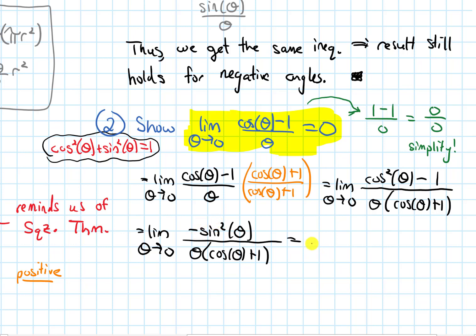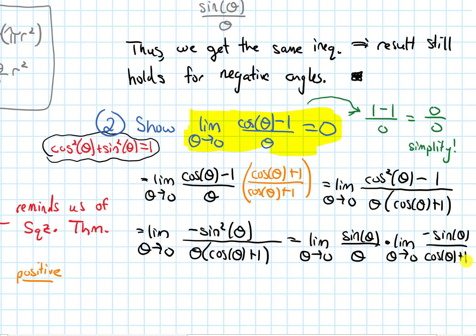So I'm going to split up this limit into the limit as theta goes to 0, and I'll bring one of the sines to be on top of that theta on the denominator. And then I'll multiply that by the limit as theta goes to 0 of everything else, which is negative sine theta, and then there's still a cosine theta plus 1 on the denominator.